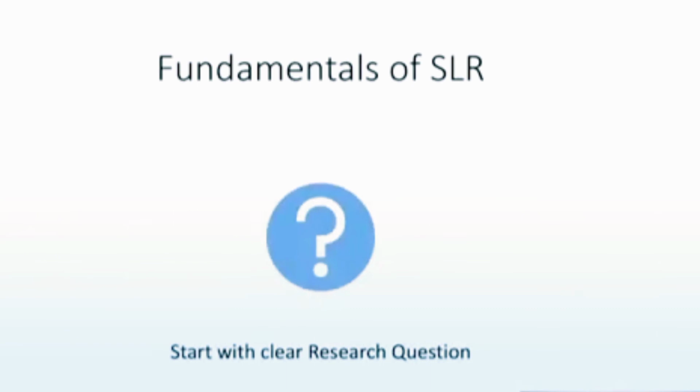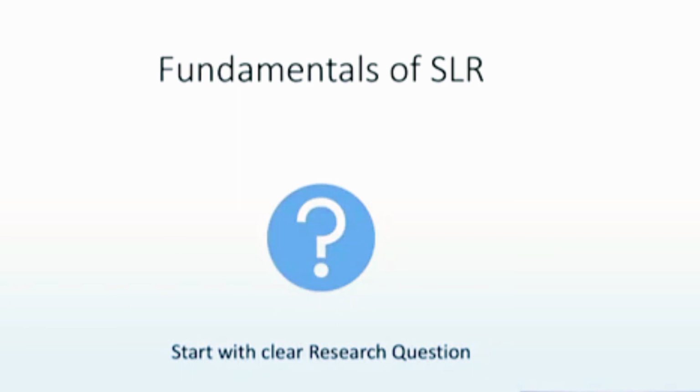Okay, these are the fundamentals of systematic literature review. Remember, when you are writing a systematic literature review, we need to start at some point, and that point is asking a research question. Always start your systematic literature review with a very clear research question.